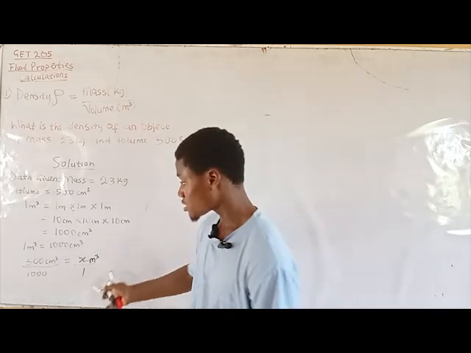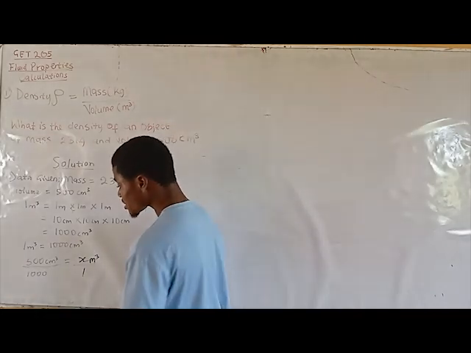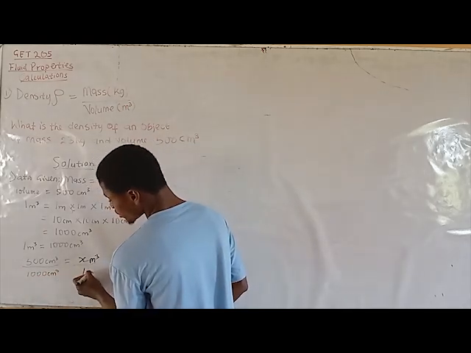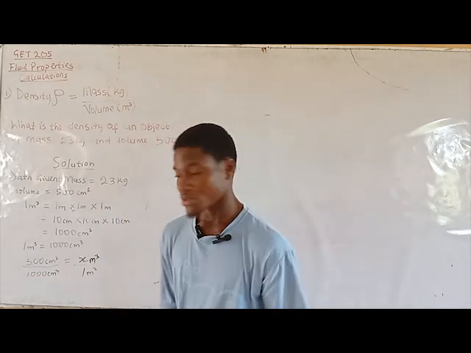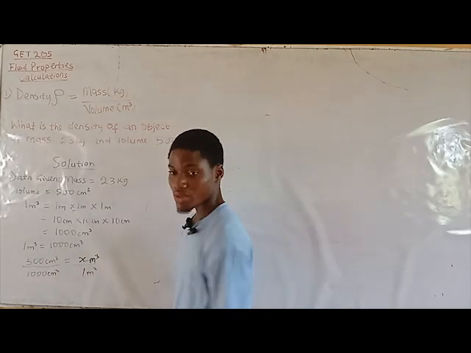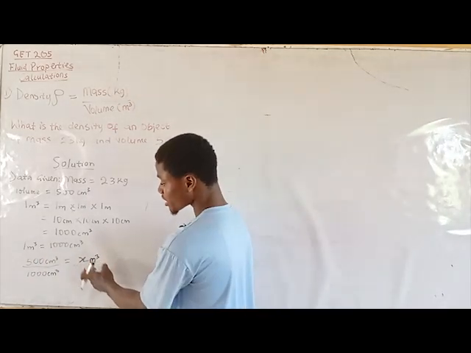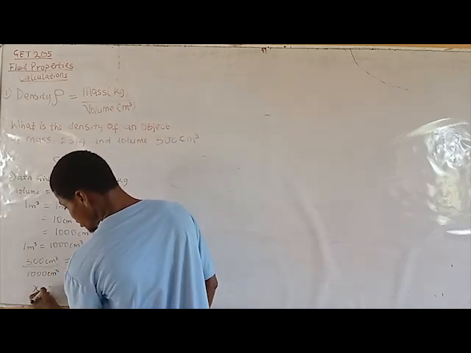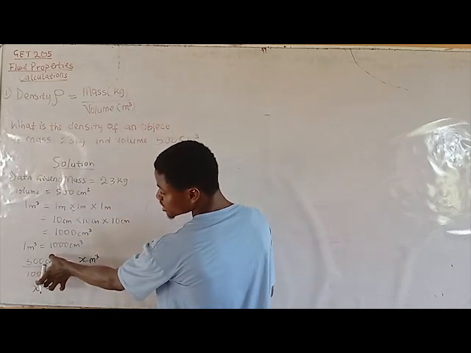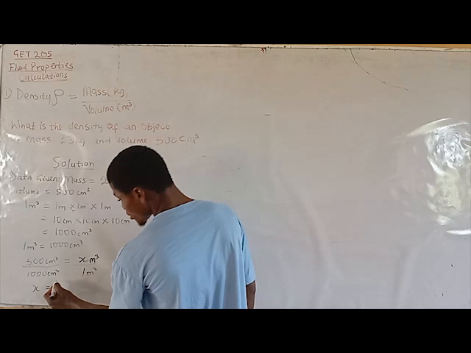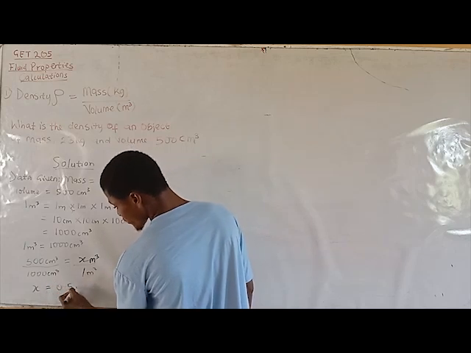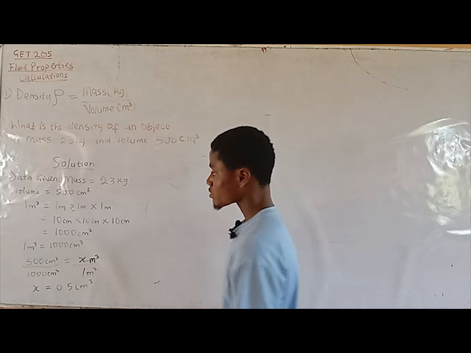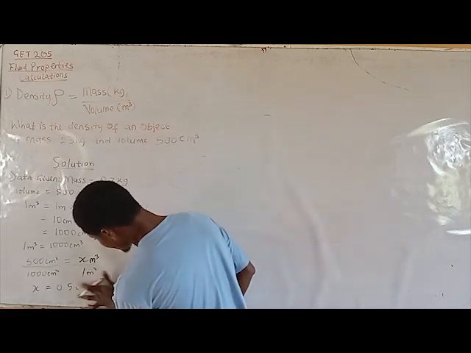We don't know what it is, but we know that 1000 centimeter cube equals to 1 meter cube. So if we cross multiply, we can easily get our answer. x meter cube divided by 1 meter cube will give us x. So x equals to this divided by this, which is going to give us 0.5 meters cube.